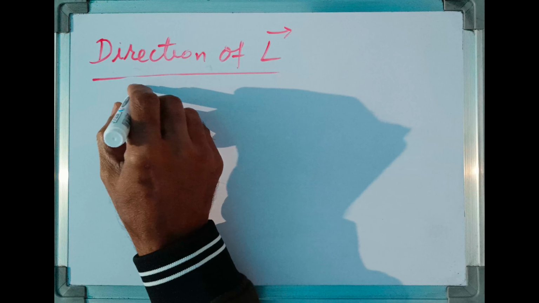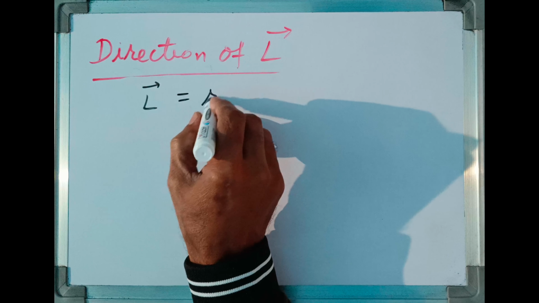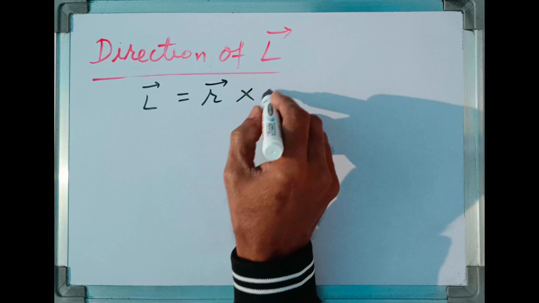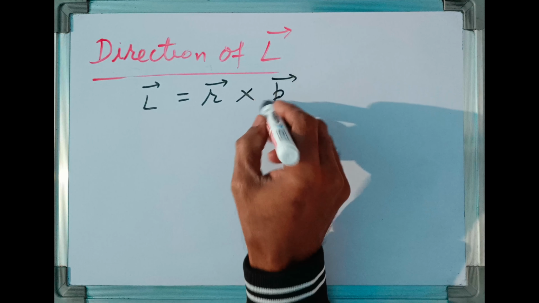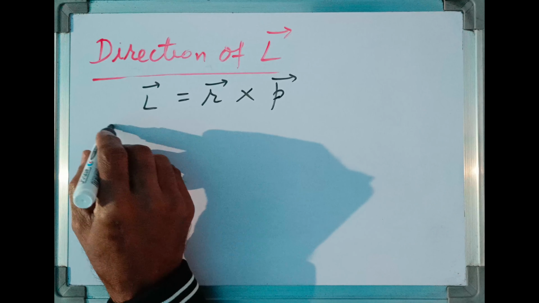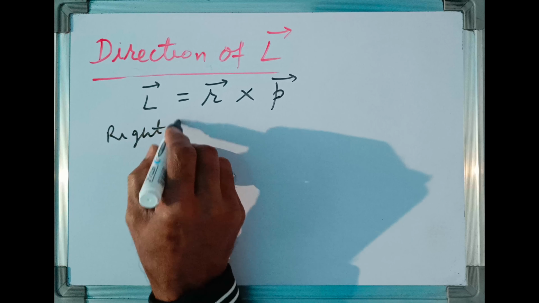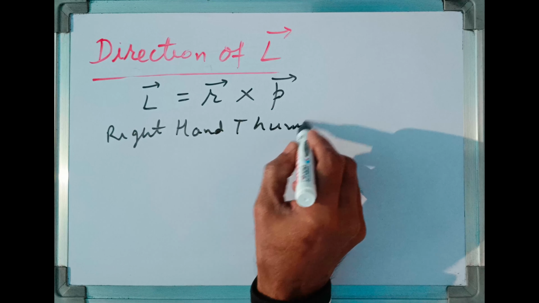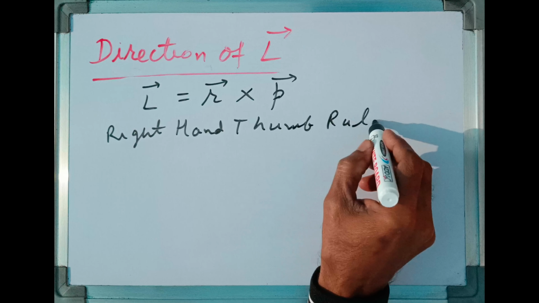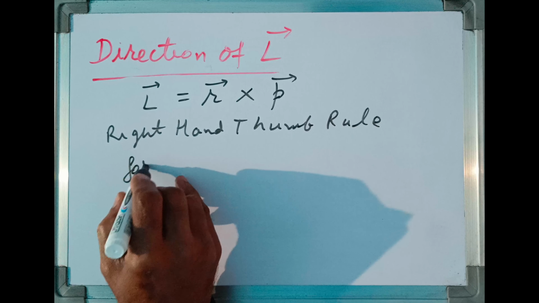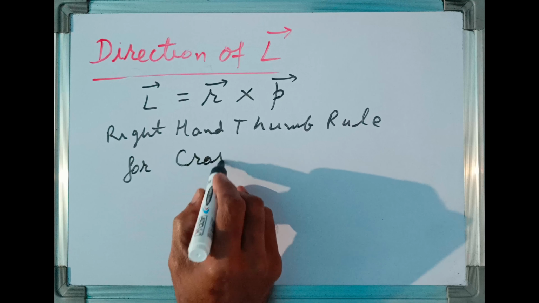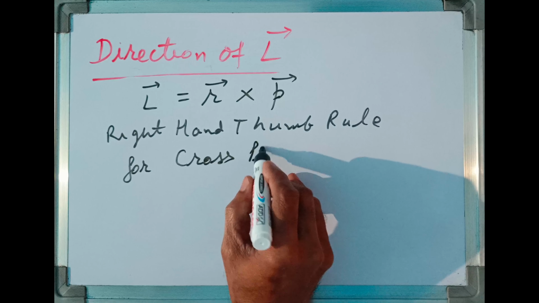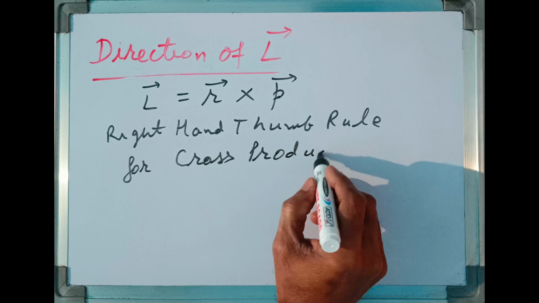As I have proved earlier, angular momentum is the cross product of radius vector and linear momentum vector. So by using the right hand thumb rule for cross product of vectors, we can find the direction of angular momentum.